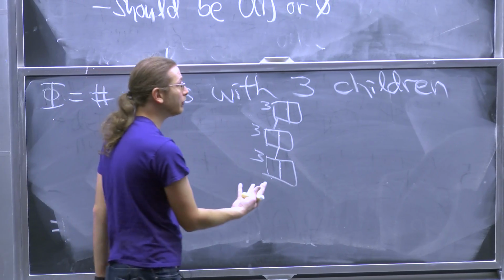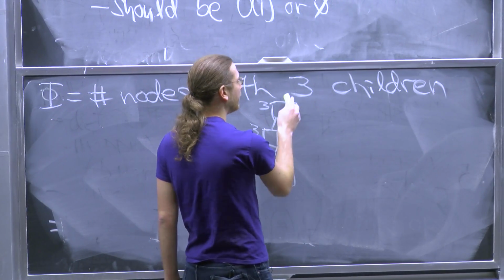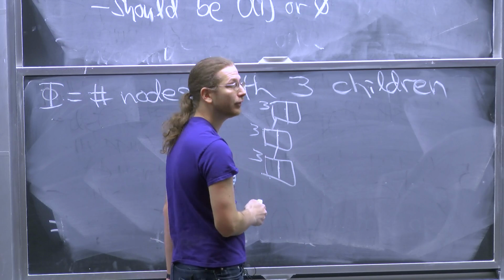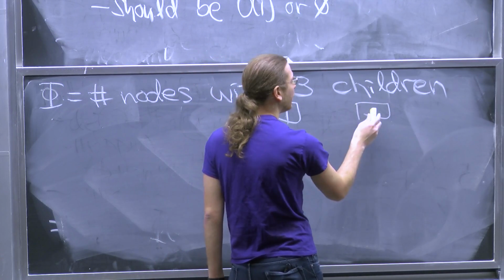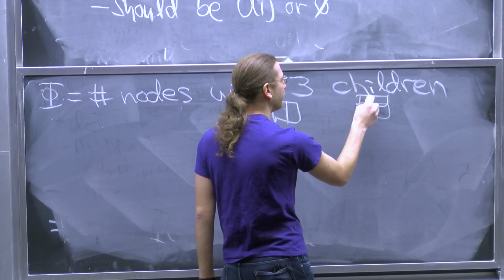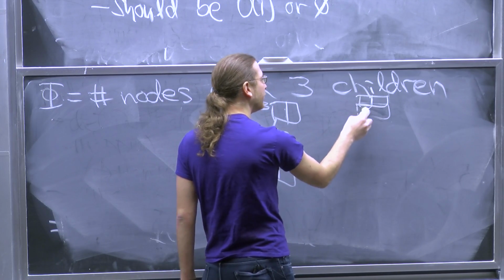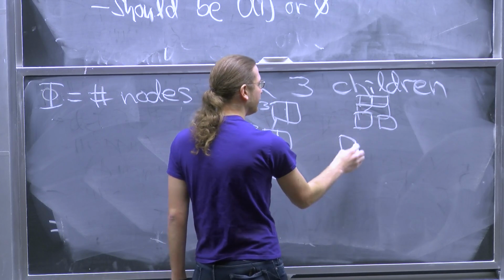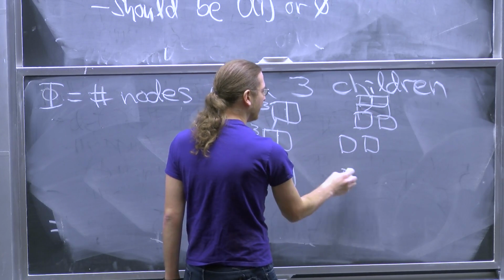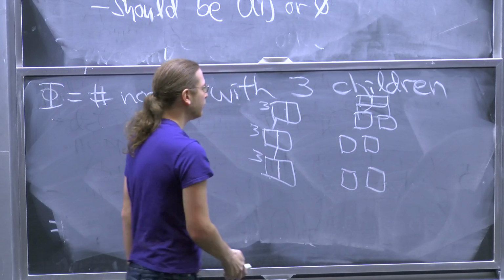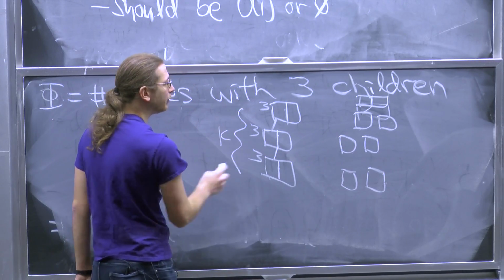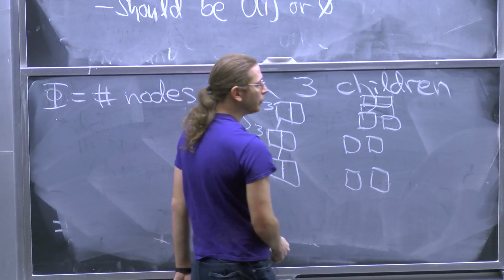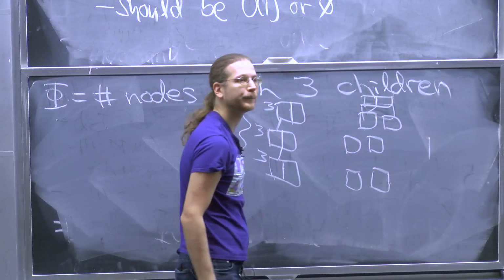And after you do the split, the parent of the very last node that splits might become a 3 node. So that would be up here somewhere. You might have made one new 3 node, but then this one is a couple of 2 nodes. This becomes a couple of 2 nodes. And this becomes a couple of 2 nodes. So if you had k 3 nodes before, afterwards you have 1.